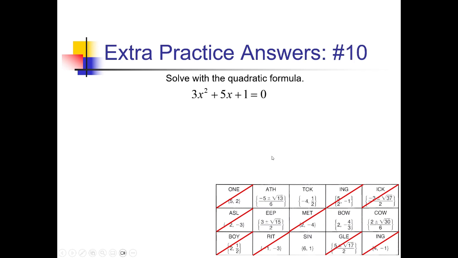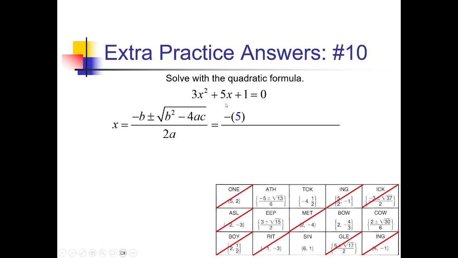We're on to number 10 now. Use the quadratic formula again, because why not? We just keep using it here. We've got negative 5 now for that b value, plus or minus square root of 5 squared, minus 4 times the a value 3, times the c value 1. So that c value not making much difference. All over 2 times 3.